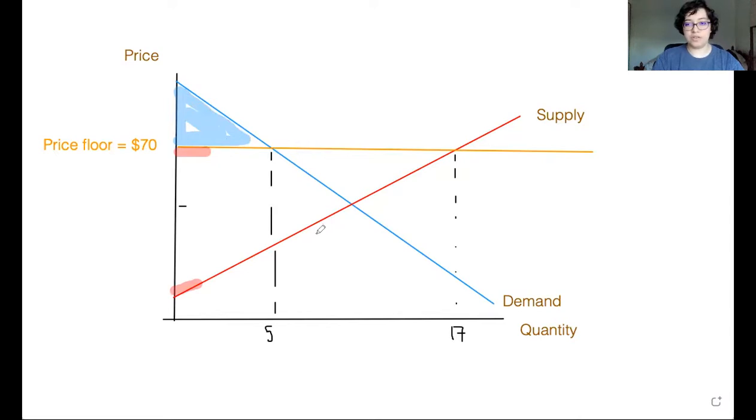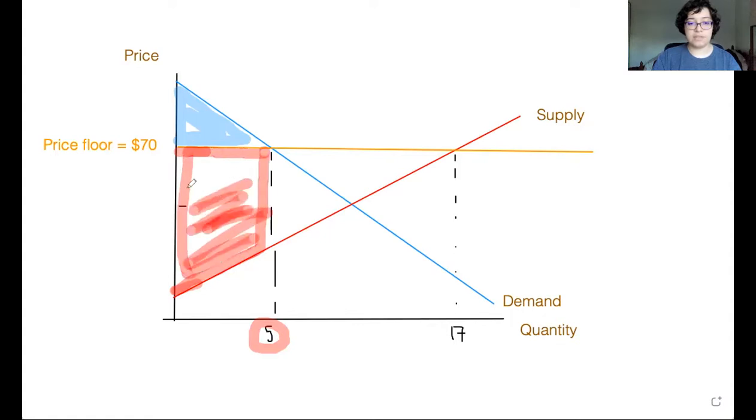The producers are supplying 17 units, but they are only able to sell 5 of those units because consumers are only purchasing 5 units. The suppliers can only benefit from the units they sell. So since they're only selling 5 units, the producer surplus is only going to come up here to the 5th unit, and this is going to be their surplus.